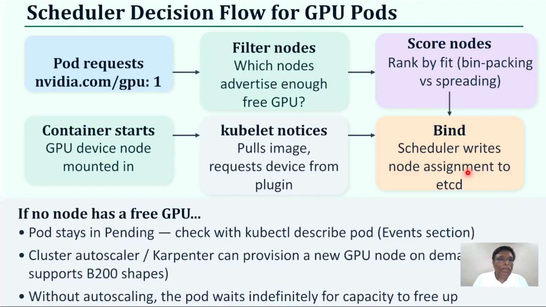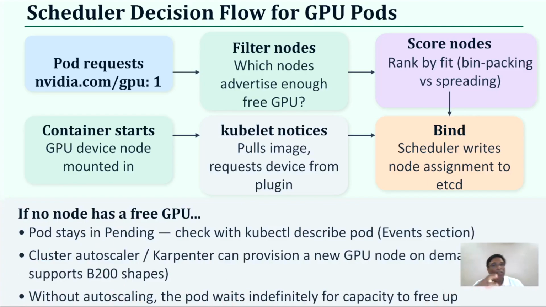So if no node has a free GPU, for example, the pod stays in pending. Check with kubectl describe pod. This is very important. There may be situations wherein your pod will always stay in pending because there is no free GPU. Then what's to be done? Without autoscaling, pods will wait infinitely for capacity to free up.